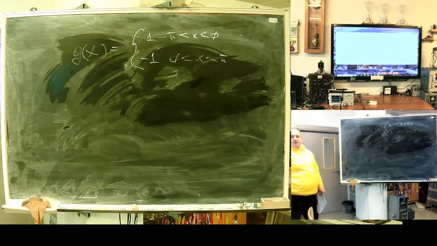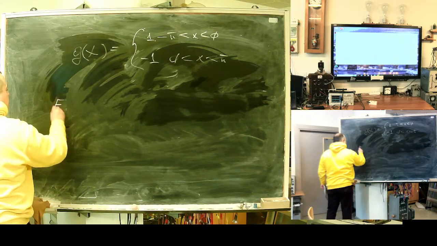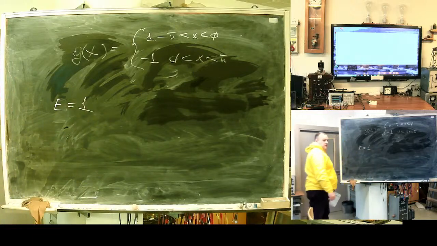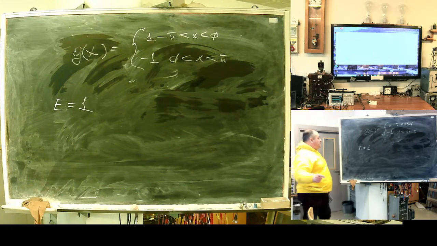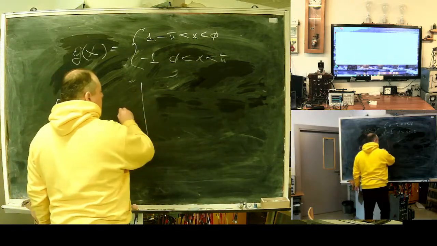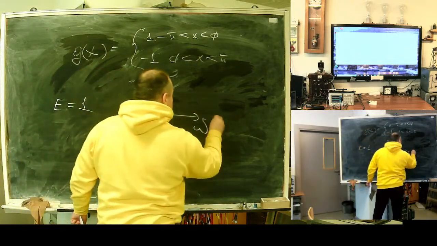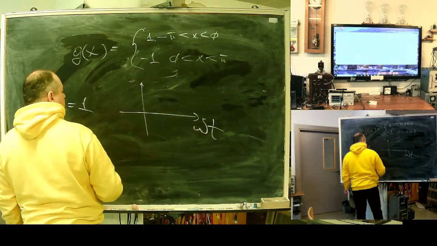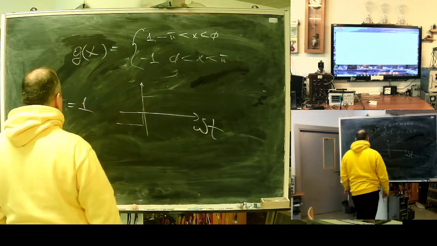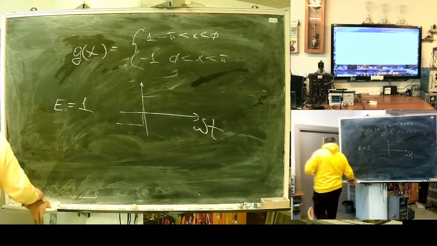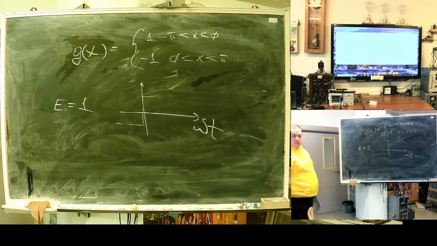Something familiar? It's our rectangular function with amplitude 1. Only note that I usually draw it as a function of time. Here, if you draw it in coordinates omega dot, this will happen. Do we know the Fourier series for such a function? Of course we know.